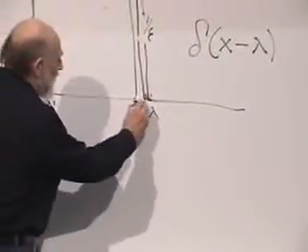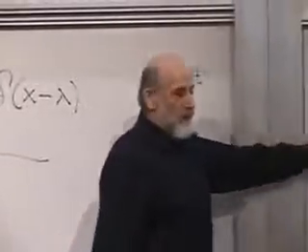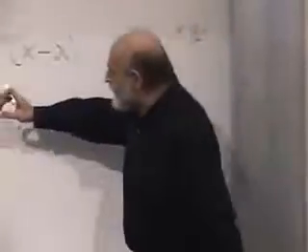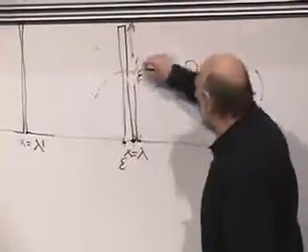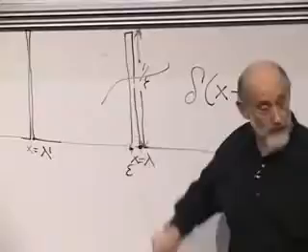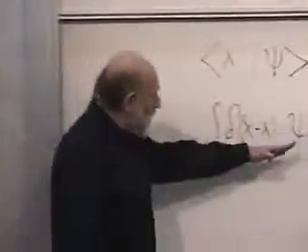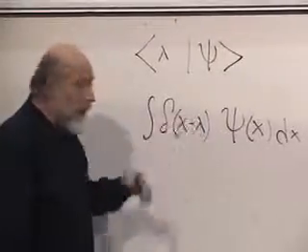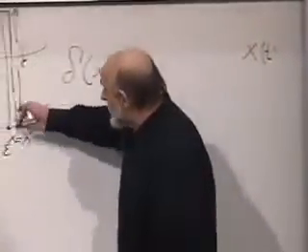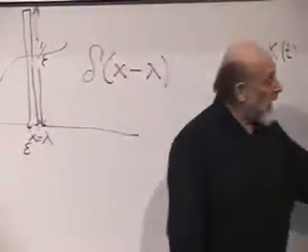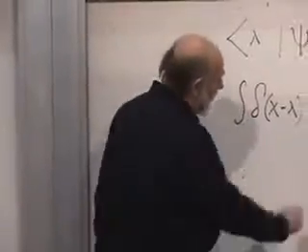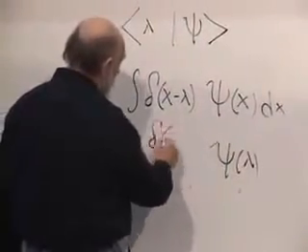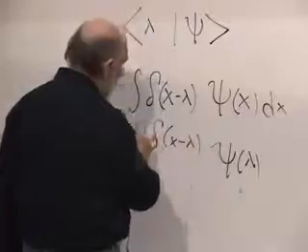Between this point and this point, psi doesn't vary very much, assuming that psi is nice and continuous. And if we take this interval sufficiently small, psi will not vary very much across the delta function. All right? What is it right at the delta function? It's just equal to psi of lambda. So to a good approximation, and a better and better approximation as I shrink this interval, I can simply replace psi of x here by psi at that one point, psi of lambda, times delta of x minus lambda, integral.